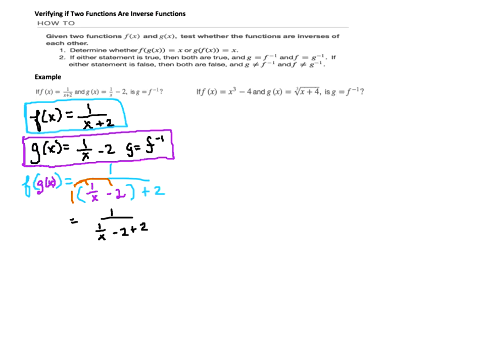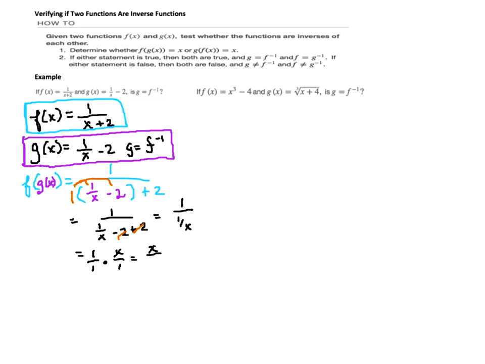Well, minus 2 plus 2, those are opposites, so those just make 0. At this point, I have 1 over x. And I never divide fractions. I multiply by the reciprocal, so that's the same thing as 1 over understood 1 multiplied by the reciprocal, x over 1.